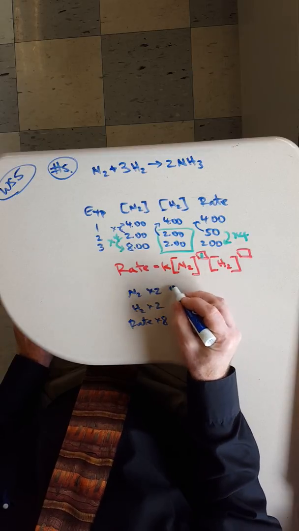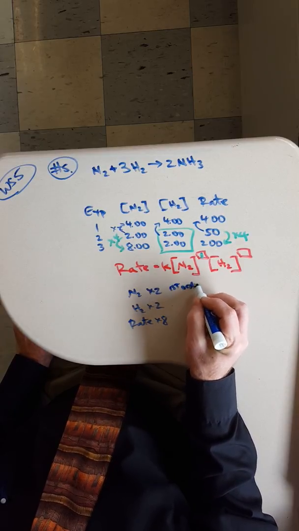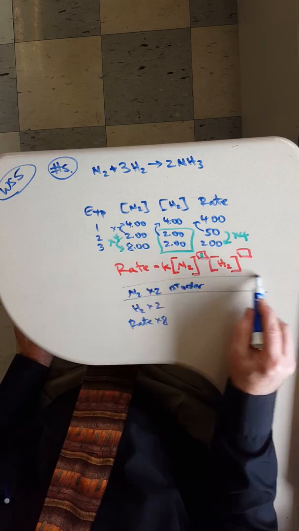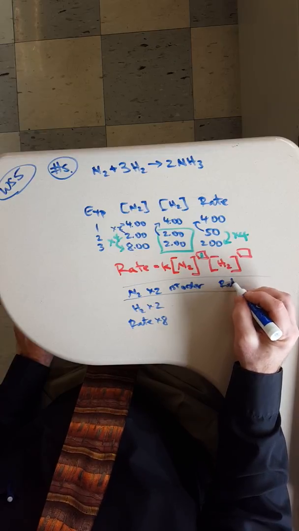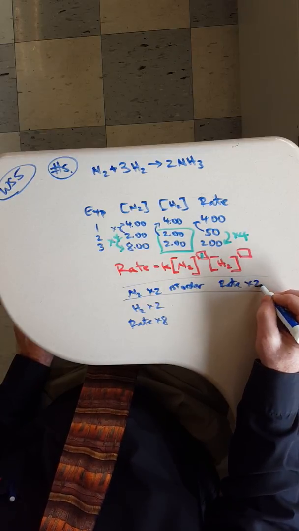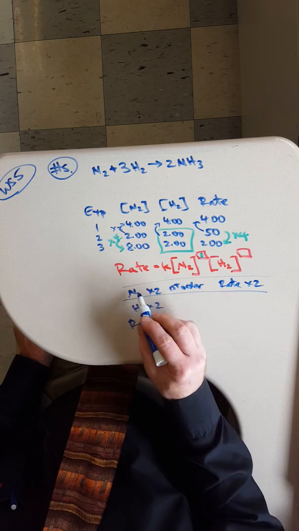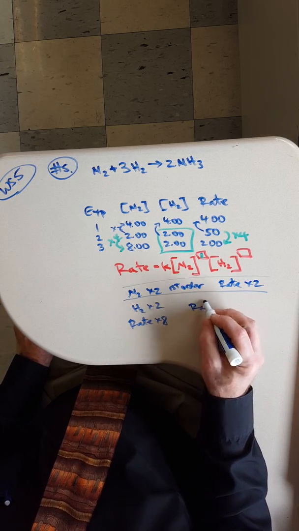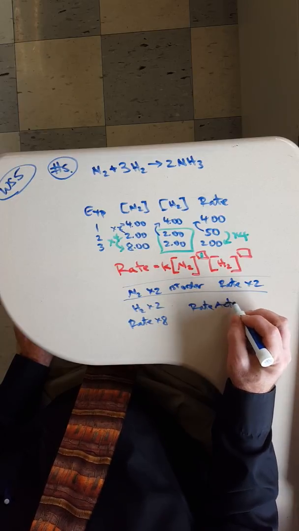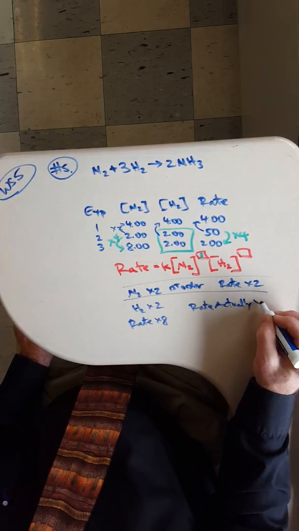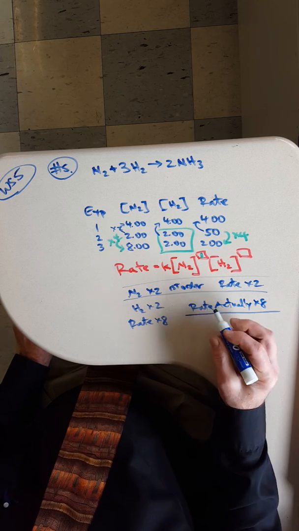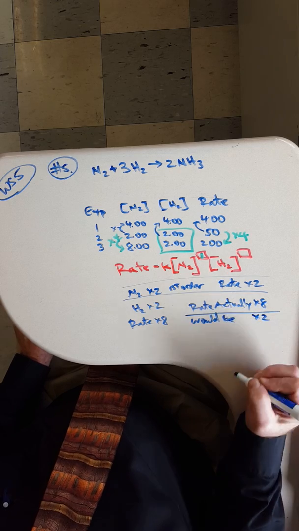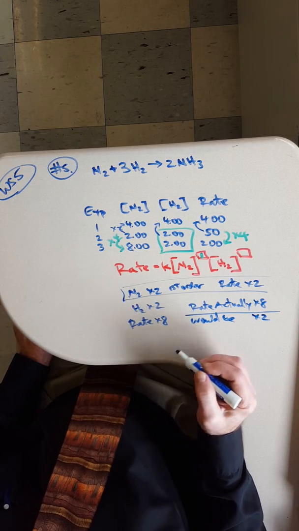I also know that this is first order, which means if this was my only factor, the rate should double based on nitrogen alone. But it actually went times 8. But it would have been times 2 based on just nitrogen alone.